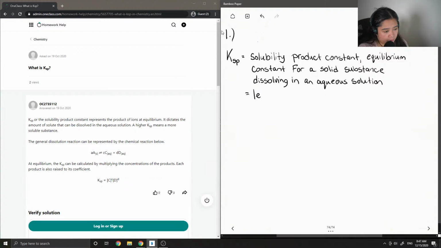So in other words, it is also the level at which a solute dissolves in solution.